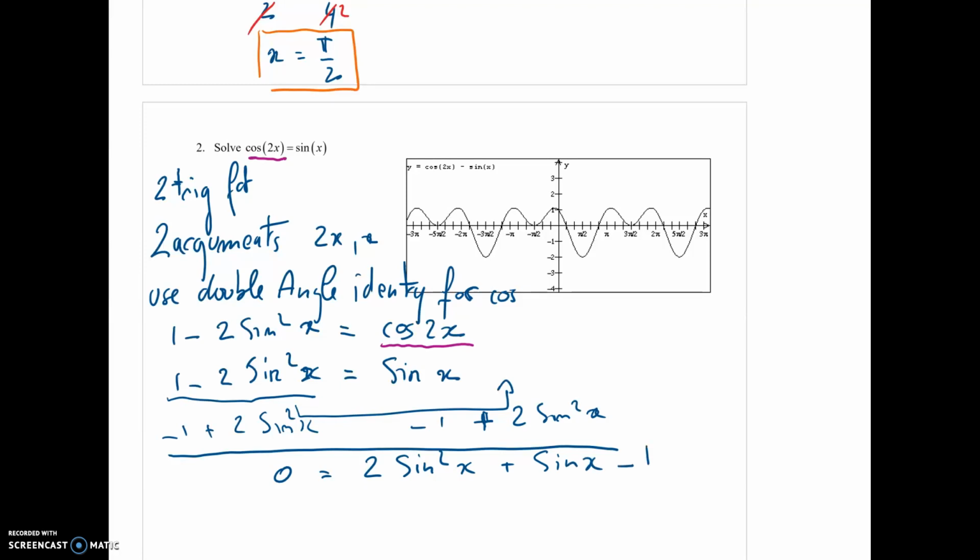If I want to rewrite that in a more usual way, I will have 2 sine squared of x plus sine x minus 1 equals 0.